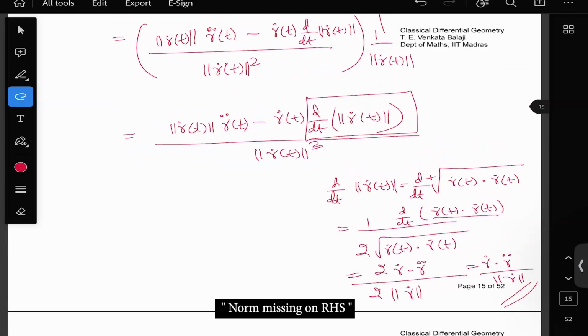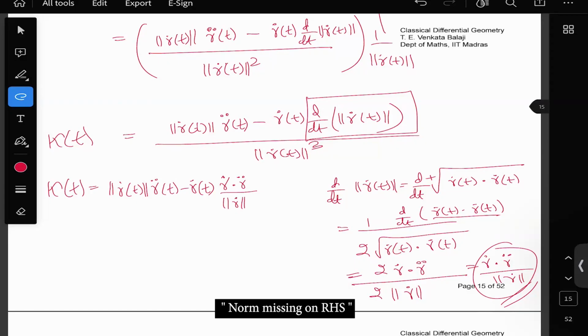So what you get, let me write it here, it's kappa of t, the curvature. So kappa of t is therefore equal to norm gamma dot of t into gamma double dot of t minus gamma dot of t into this term, which is gamma dot dot gamma double dot divided by norm gamma dot, and the whole divided by norm gamma dot cubed.